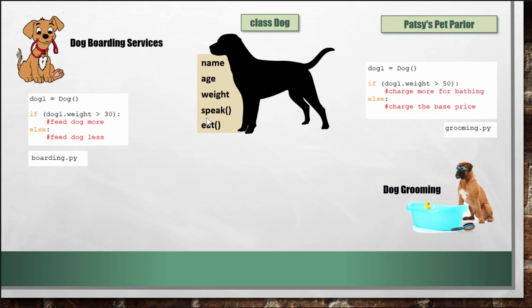Because we've created this blueprint, we have consistency of how to define a dog across both files. So now that means that in this py file, we don't have to create the example we saw at the beginning where we have a dog1 and its weight is, and dog2. We're not defining dogs separately in each file.